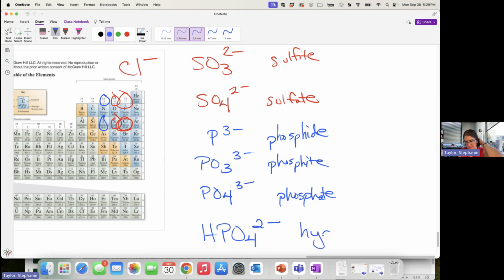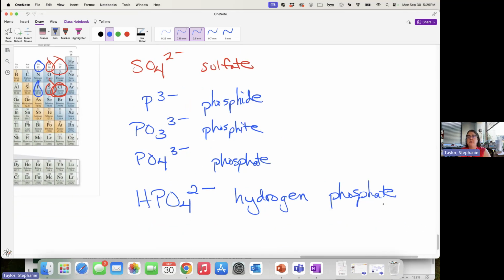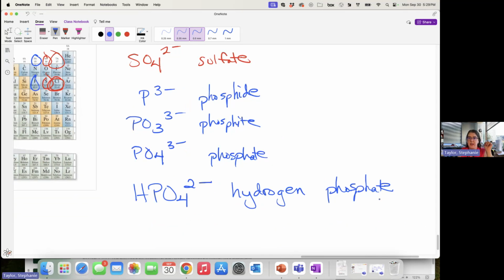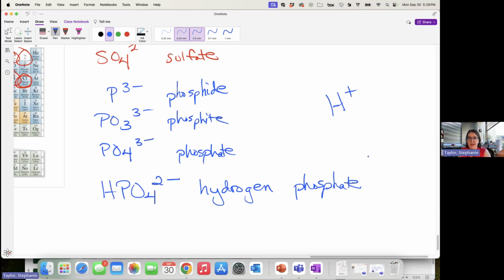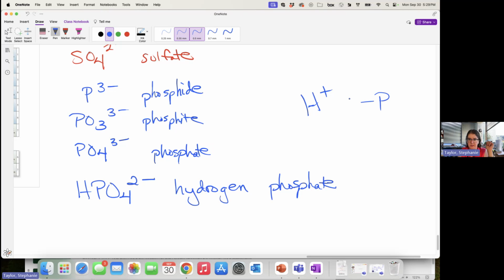It is called hydrogen phosphate. So what has happened here is a hydrogen got added onto a phosphate, since we've already drawn this. Eraser. No problem with that.